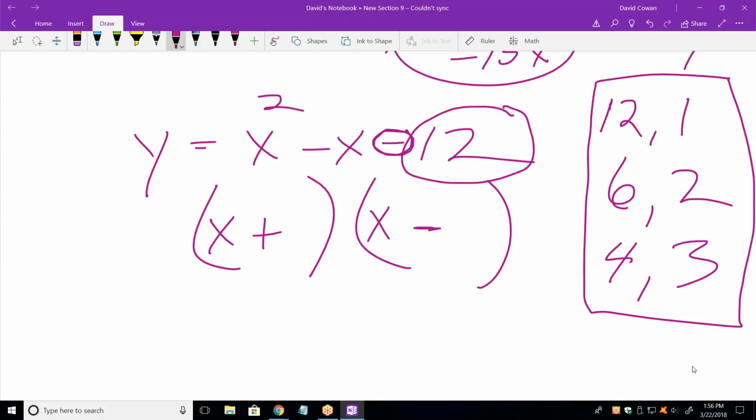No, 12 and 1 subtract to 11. I want the set of factors. There's only 3 sets of factors. There's that set, there's that set, and there's that set. I want you to tell me which set subtract to the number 1.